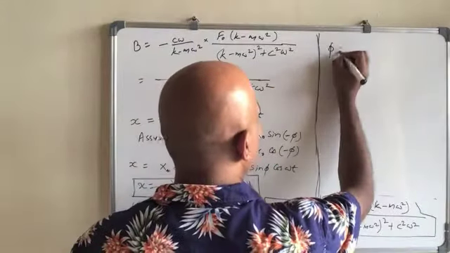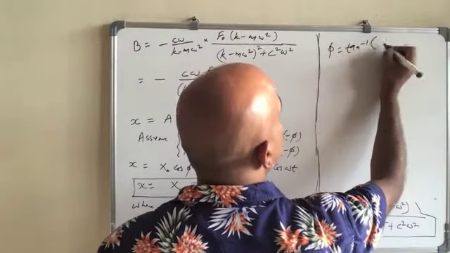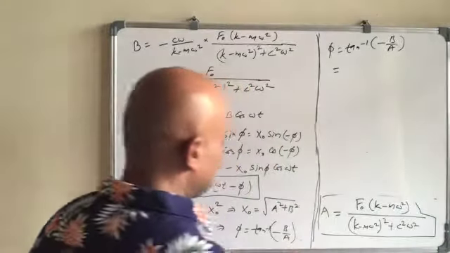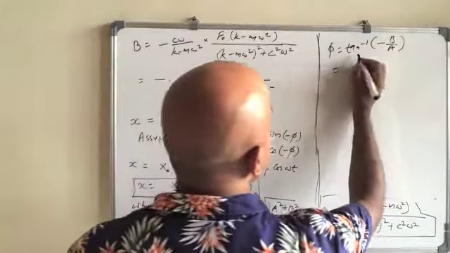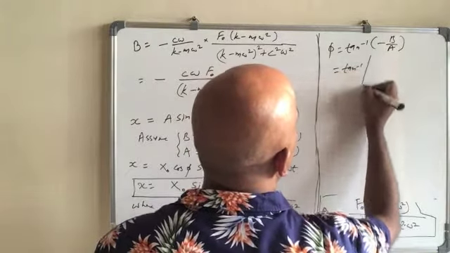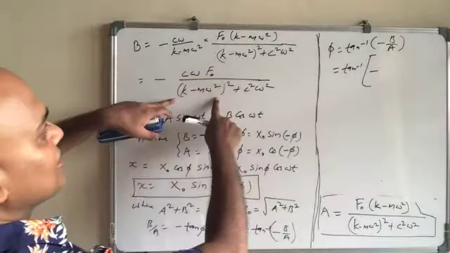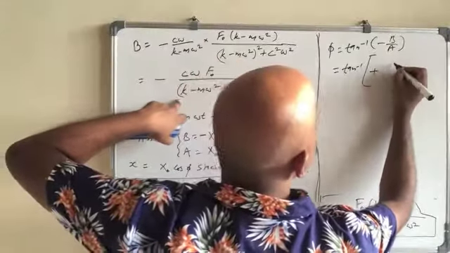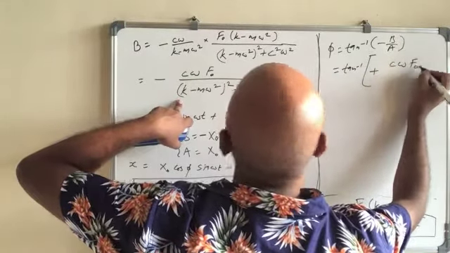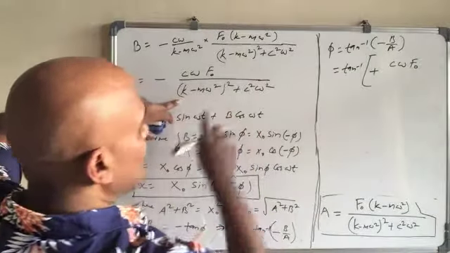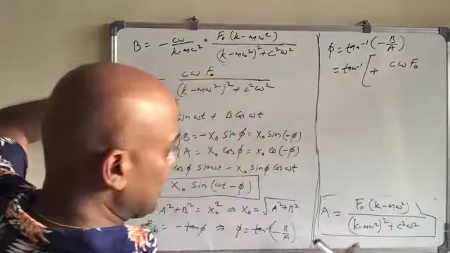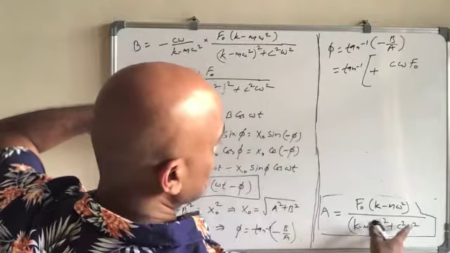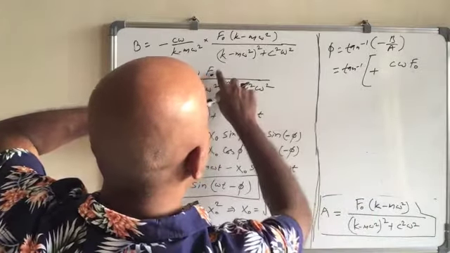So phi equals tan inverse of minus b over a. What do we get? We get tan inverse, and then minus, and we put the b value here, so the minus becomes plus, and we get c omega f naught, divided by a. Since a has the same denominator, this and this will cancel out, and f naught will also cancel out.